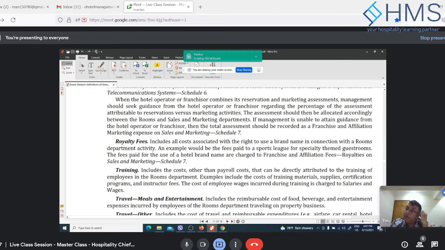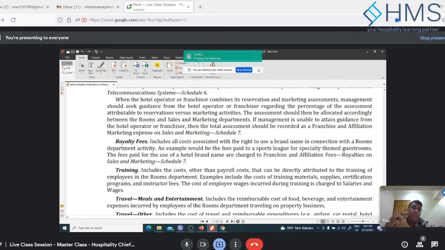This royalty fee we are talking about is, let's say, sometimes you are using the artwork of any hotel, right? Or you are using the music in the hotel, like there are companies giving the background music, and you have to pay a royalty fee for using those things.